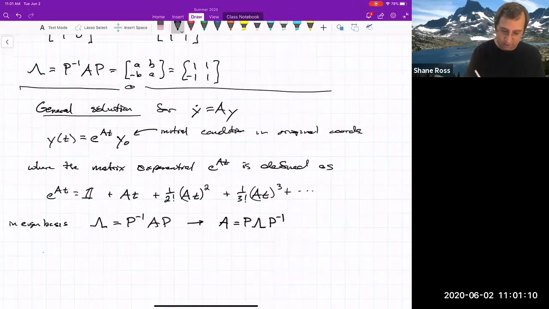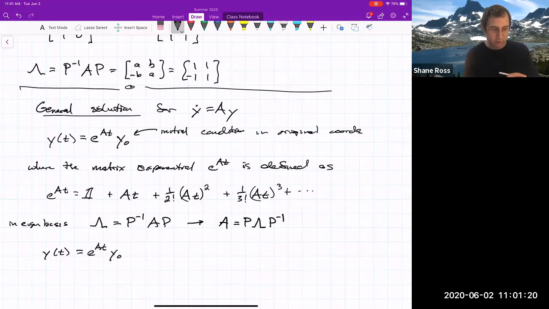Then y(t) equals, right, the general solution is e to the At, initial condition, y naught. And we'll write A using this formula. So we'll get e to the P lambda P inverse t, y naught.